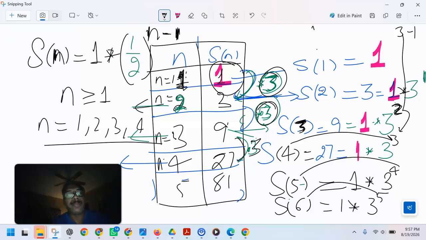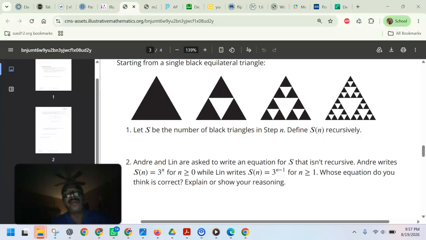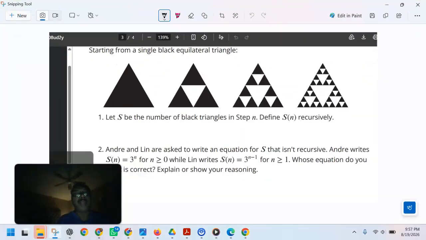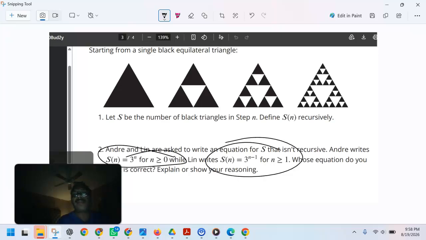So both are correct. If you see this in this example, both Andre and Kiran are correct. See how beautiful both are.